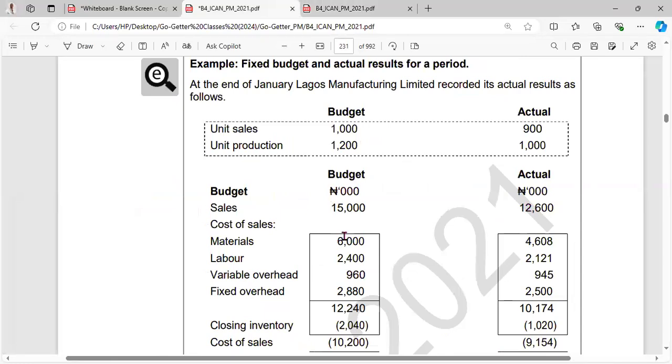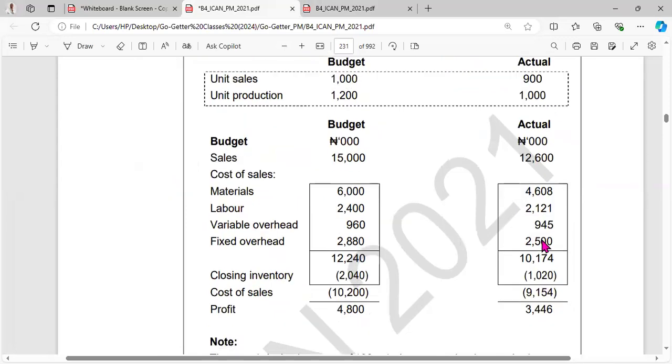Then these are our costs. Material, labor, we got this, right? These are variable overhead and fixed overhead and all that. So now, if you look at this, this is your cost. So let me see here.